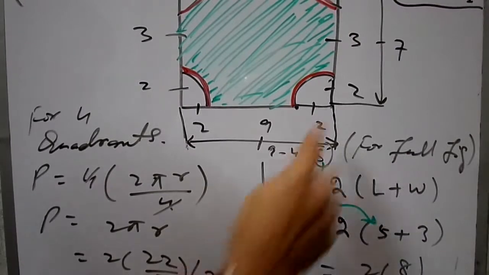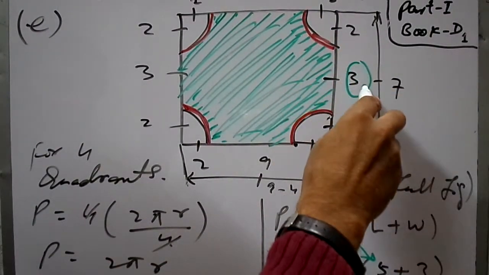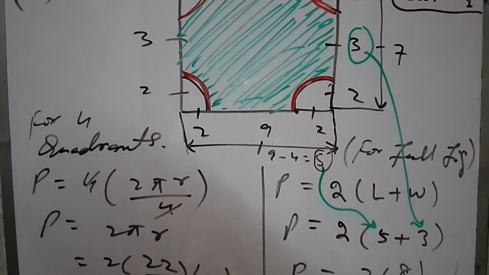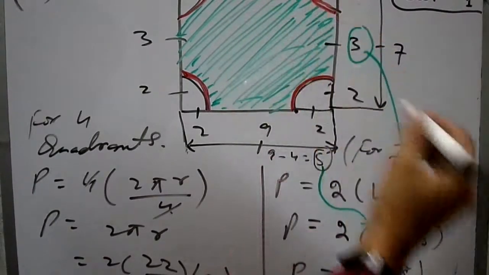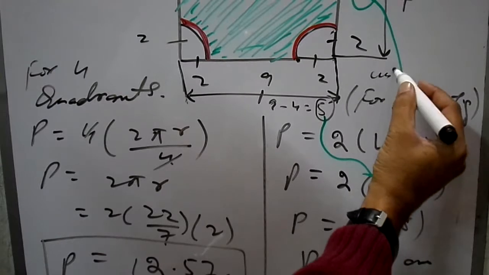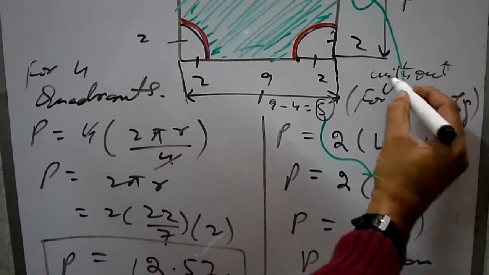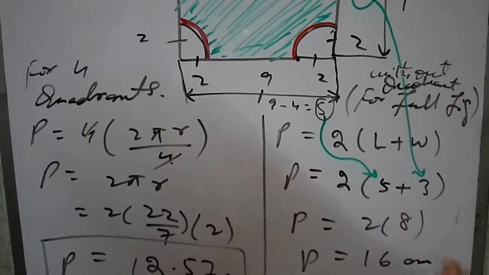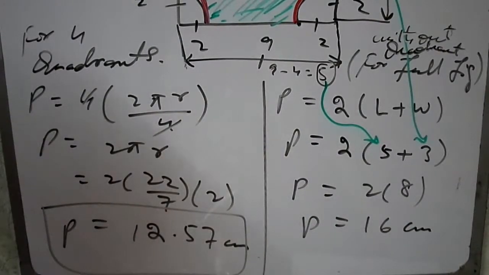And here I don't want to take the quadrant, so you have only 3 here, so I used 3. I am finding the perimeter of the full figure without the quadrant, that's why you will get 16 centimeter.